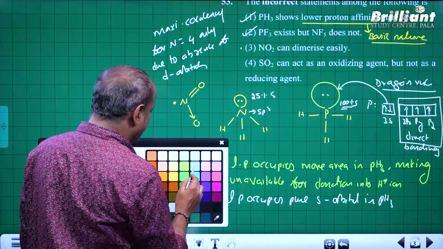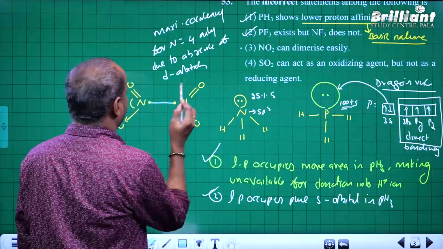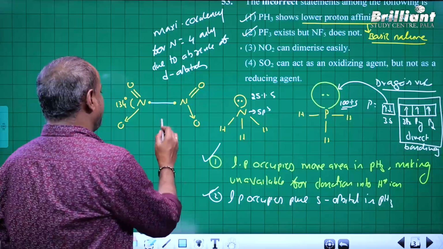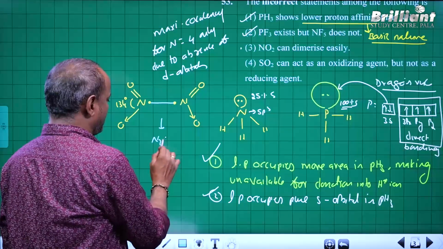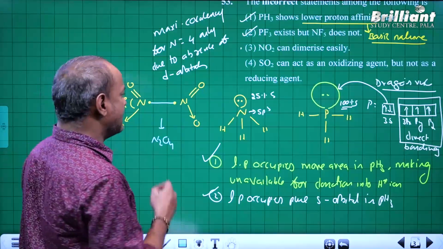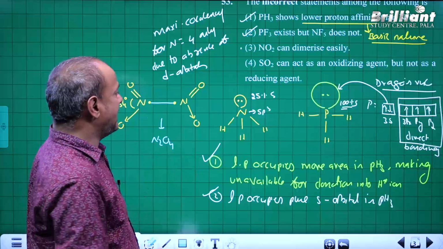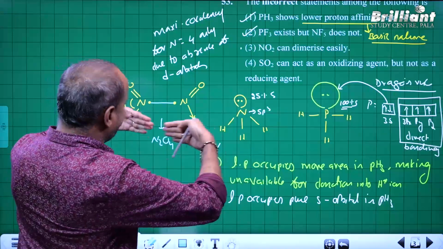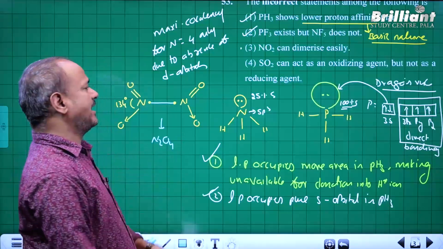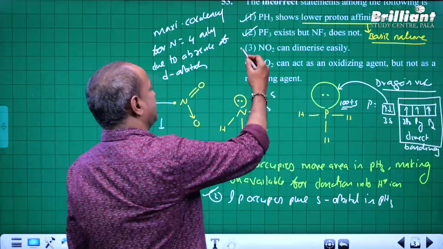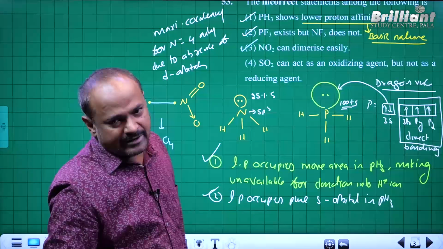These two odd electrons are joined, and that gives N2O4, which is diamagnetic, because unpaired electrons are paramagnetic but now pairing takes place by bond formation. This is also correct. Odd-electron species undergo dimerization.